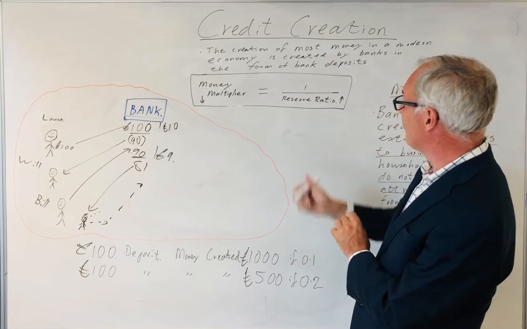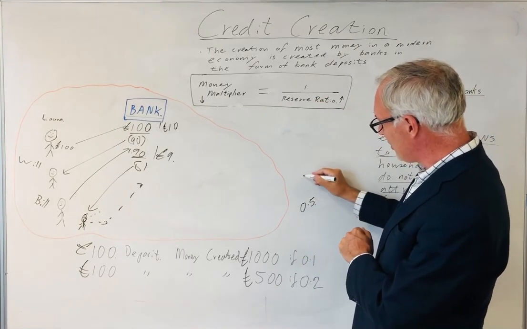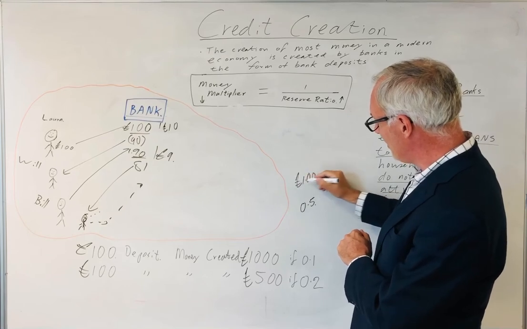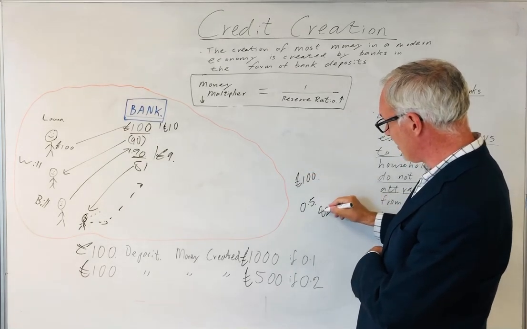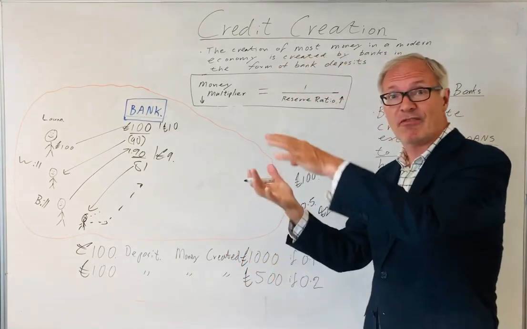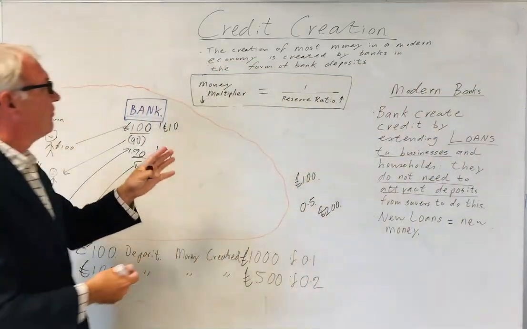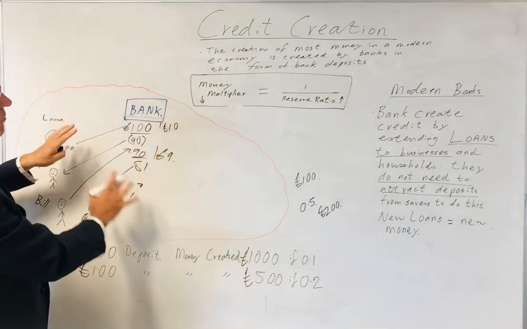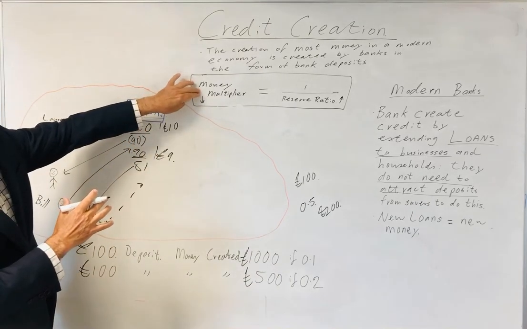So for example, if the reserve ratio is 0.5, we start with £100, we're going to end up altogether with £200. So a much reduced final credit creation process. So that's the traditional textbook version of credit creation, and this is the formula for the money multiplier.